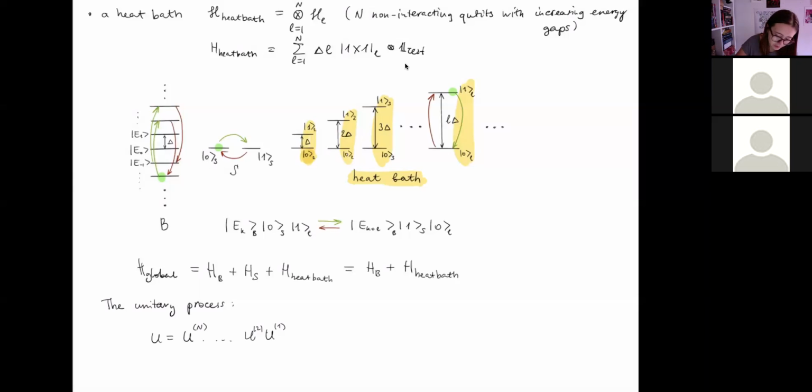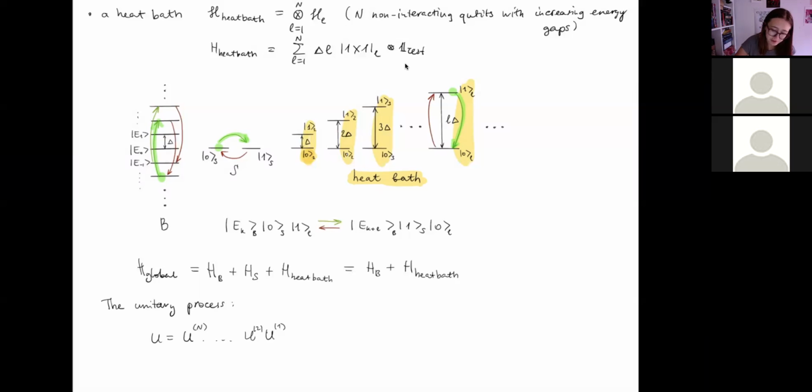The following operation happens: the 0 state of the qubit goes to 1, the state of the battery goes up L delta, and the state 1 of the heat bath qubit goes down to the state 0, so down L delta. So we have energy conservation.